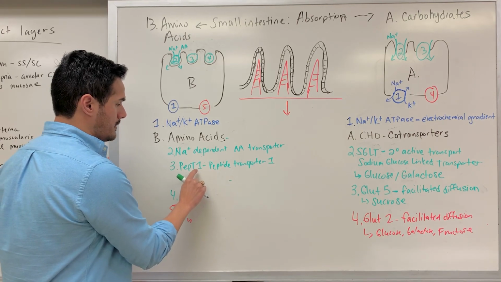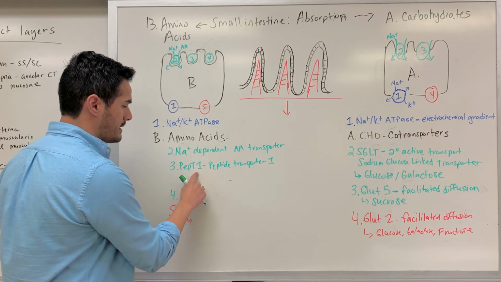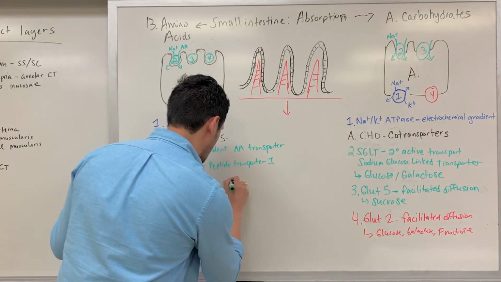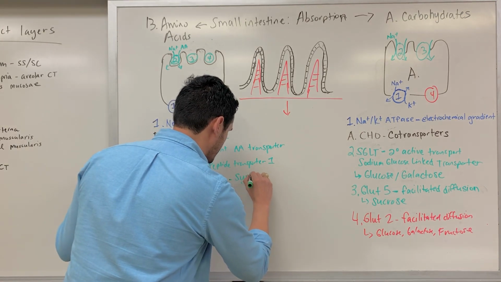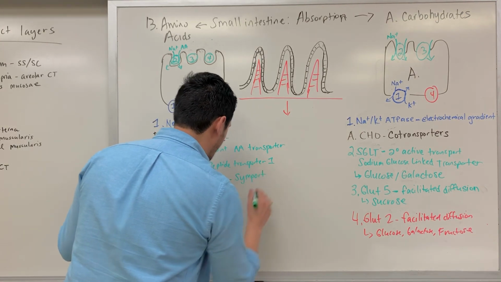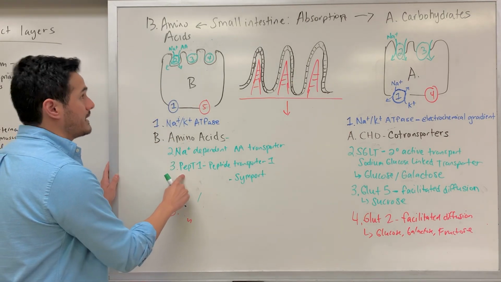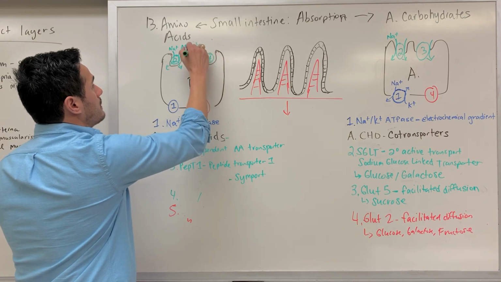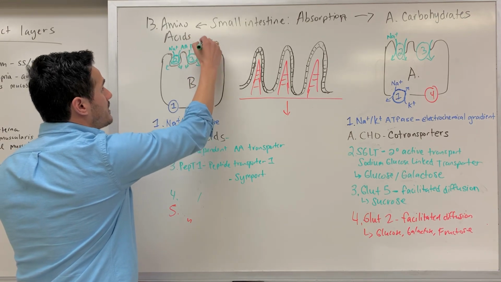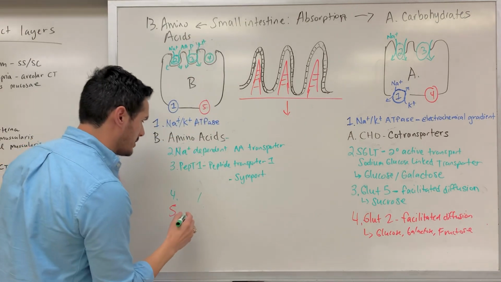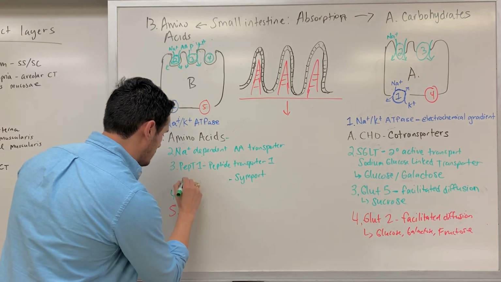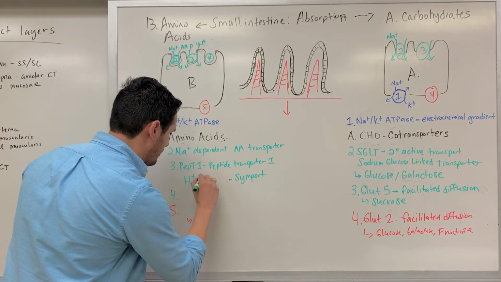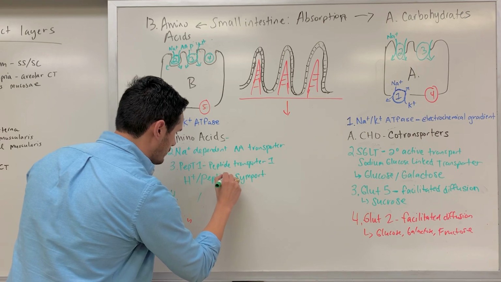And the special part about this is that it's a symport, meaning that in order to get the peptide in, we also transport a proton. So we have a proton peptide symport.